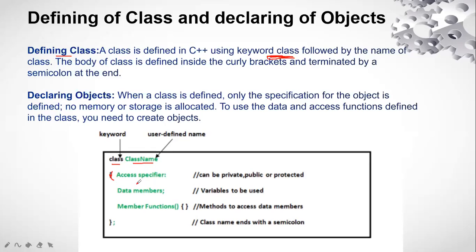Then we have the access specifier. I have told you in the earlier class, we define it with private, public and protected. That means what access we are going to provide. Then we have data members, that is the variables we are going to use, the properties actually. Then we have the member functions, which can be defined as methods or functions, that is the behavior we have termed.